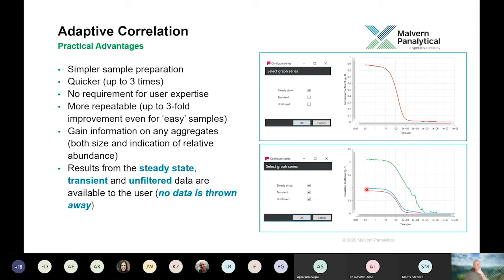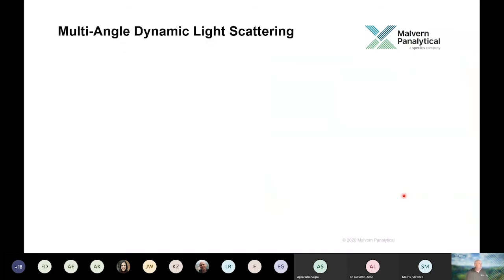The transient data, which only consists in this example of 1 or 2 of the subruns, you can see it's quite different to the steady state. And if we combine those 2 together, we have a big influence of those aggregates. But the beauty of this is we can look at the results separately. We can look at what is the sample, what is the aggregate. So it gives us a much better idea of what is contained in that sample.